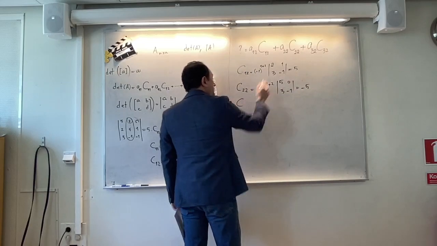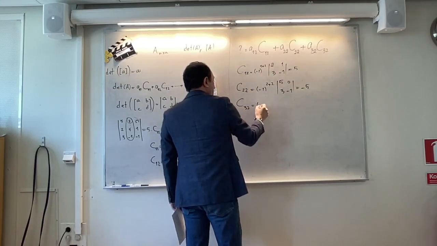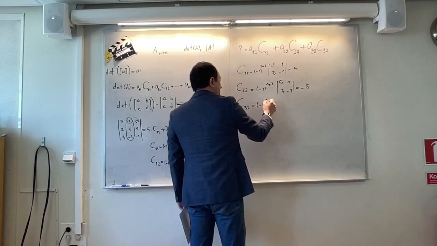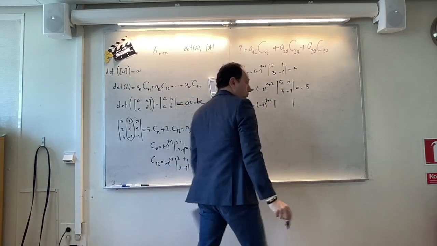And finally, I go to C32. C32 starts with minus 1 to the power of 3 plus 2, and I have a 2 by 2 determinant.